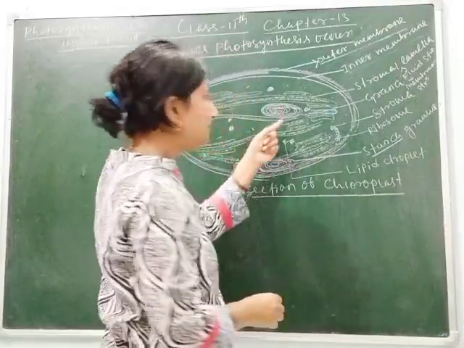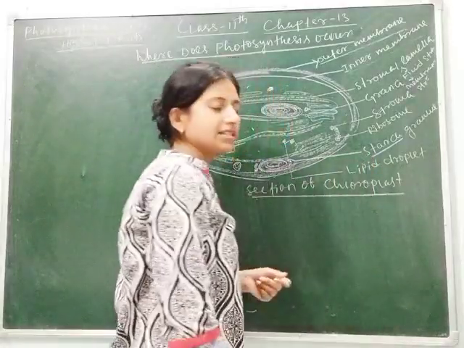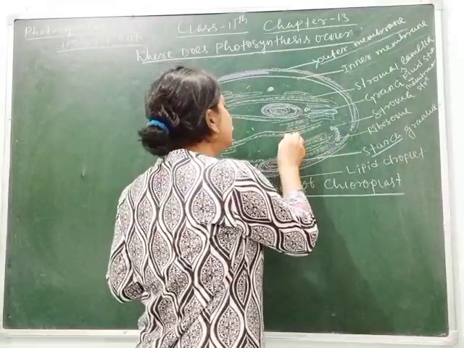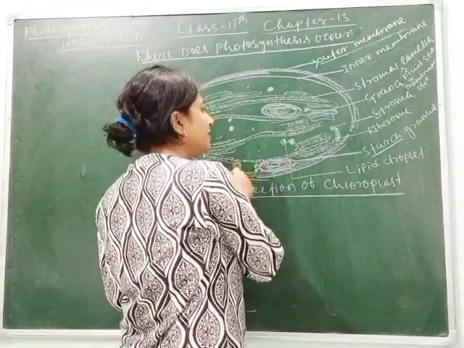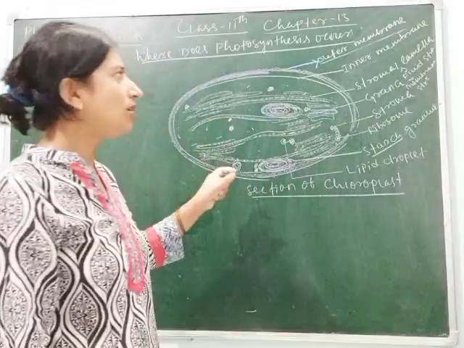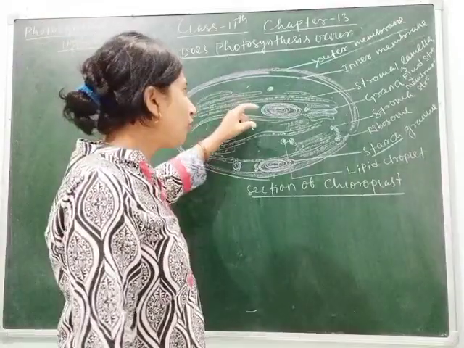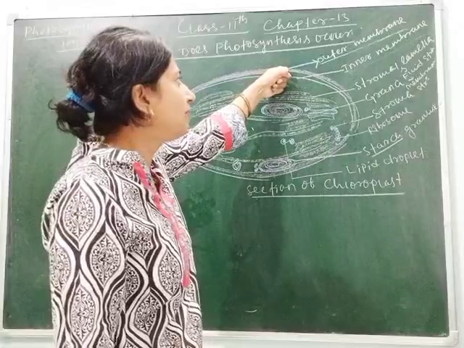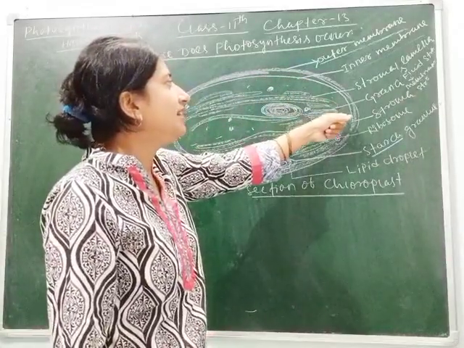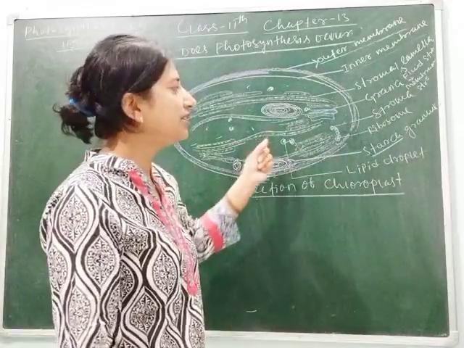They look like circles, and starch is stored in granular form. This represents the lipid droplet. So all the substances present in the chloroplast are labeled here: outer membrane, inner membrane, stroma lamella, grana, stroma, ribosomes, and starch granules along with lipid droplets.